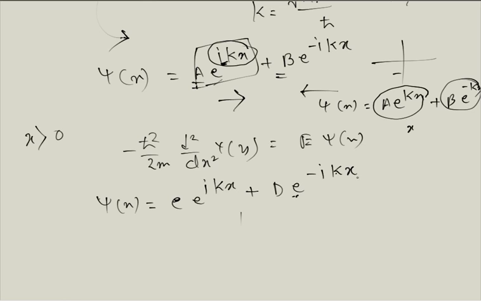Here also we cannot neglect any of the terms on the basis of the infiniteness of the eigenfunction. To remind you, the eigenfunction should be single valued, and these two eigenfunctions are single valued, and it should be finite everywhere. So even if x goes to positive infinity or negative infinity, psi of x is finite in both cases.